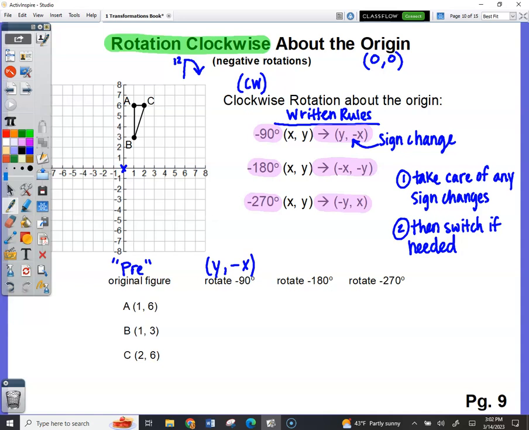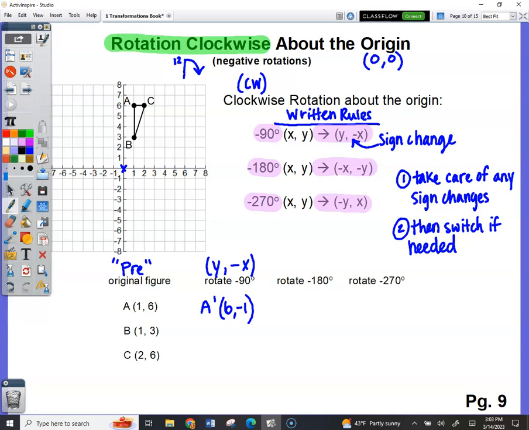All right, so A is, this is easier if you say it kind of out loud or in your head. A is 1, 6. Change the sign of what? Okay, so what would that be? Negative. -1, 6. Now what do I do with them? Flip them. So it'd be 6, -1. We're going to call it A prime. 6, -1. You see how I got that? All right, B is 1, 3.